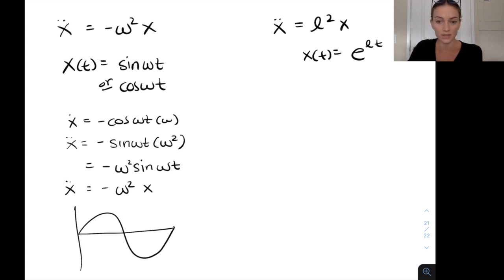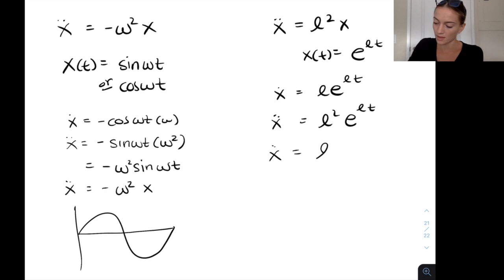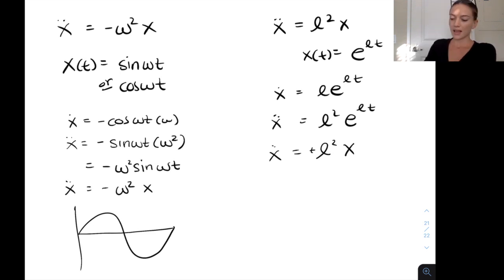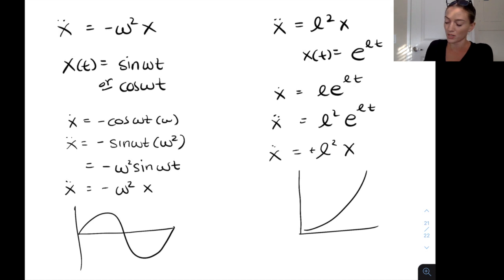If I take the derivative of this function twice, I'll get L times e to the Lt, and then the second derivative will be L squared e to the Lt. Now this is positive, and this is my original function, which I'm just replacing with x here. So now I didn't get a negative sign, because there was no negative sign here. And e to the Lt is not periodic. My exponential function looks like that, so that doesn't look like simple harmonic motion. So the solution to this is not a periodic function.